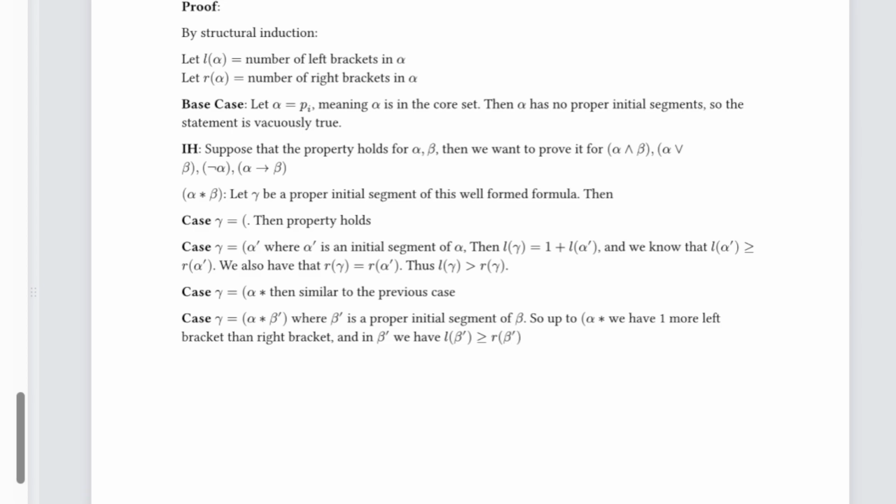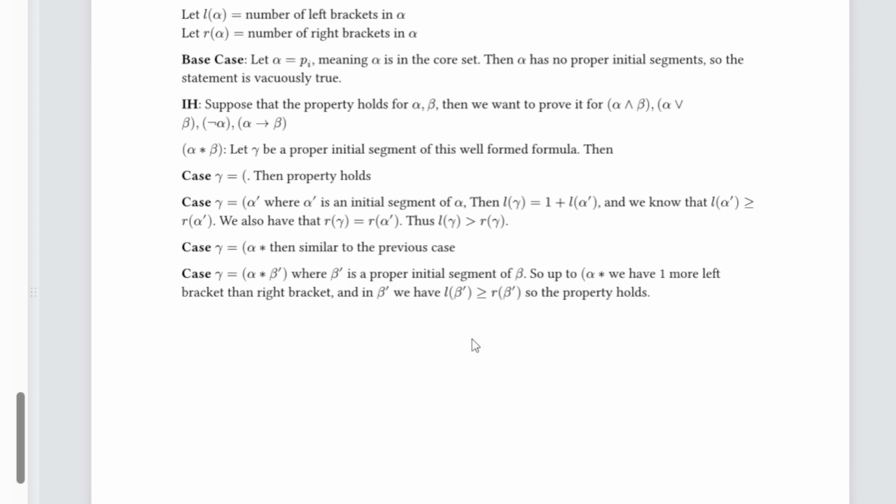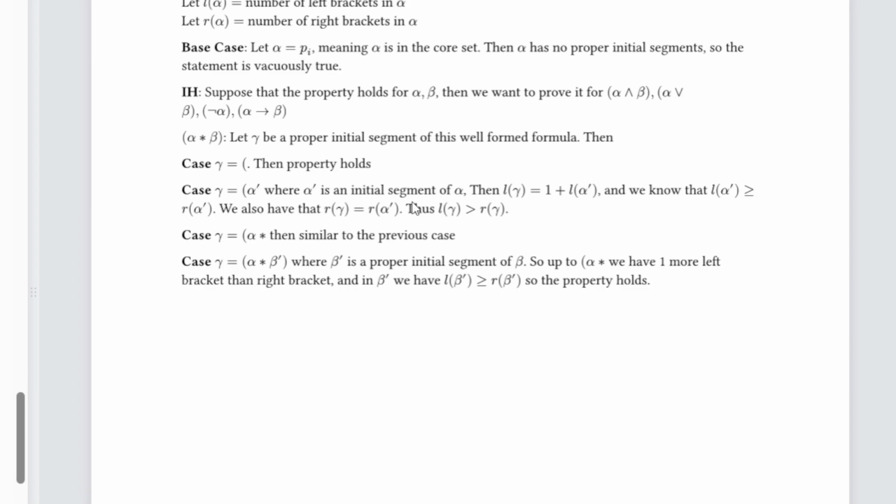So the property holds. Now, you can do this more formally, as we did in case 2, but because I already did it, I will leave it like this.